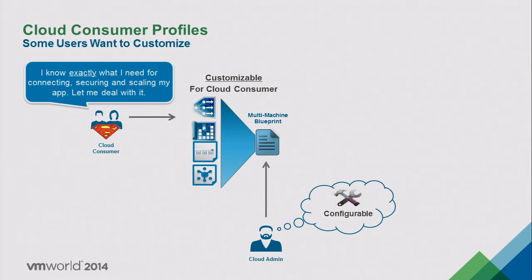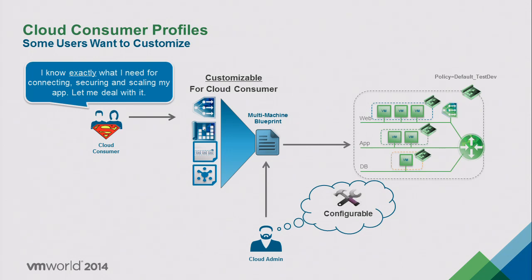They still don't want to wait and get bogged down with ticket requests and so forth. So in that case, they're able to take those blueprints or building blocks, apply the required customization on the blueprint, and still get their on-demand applications. So it's another key point that this integration is flexible and supports different types of user profiles.